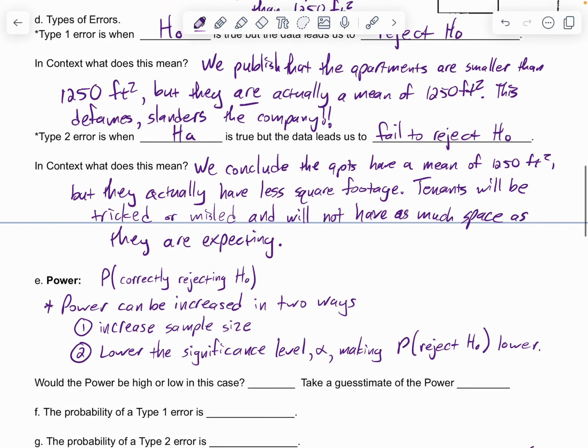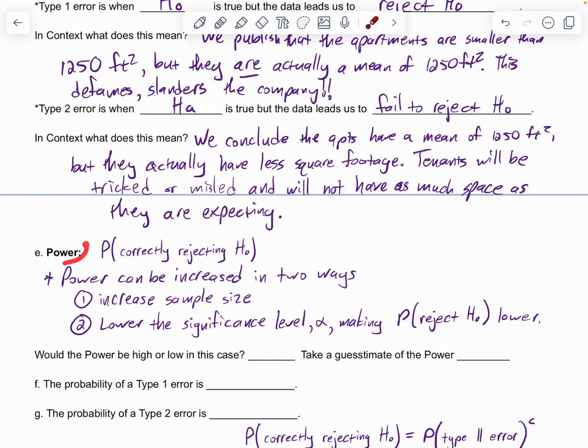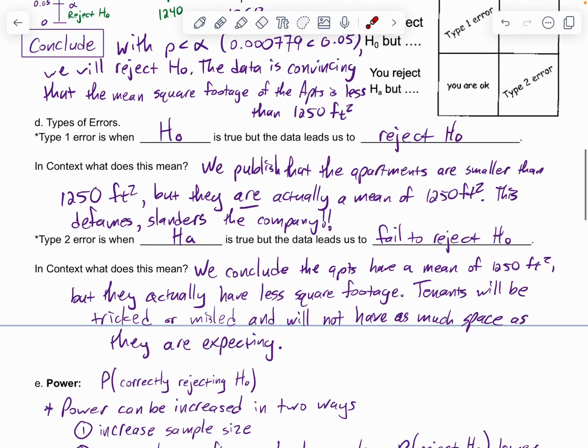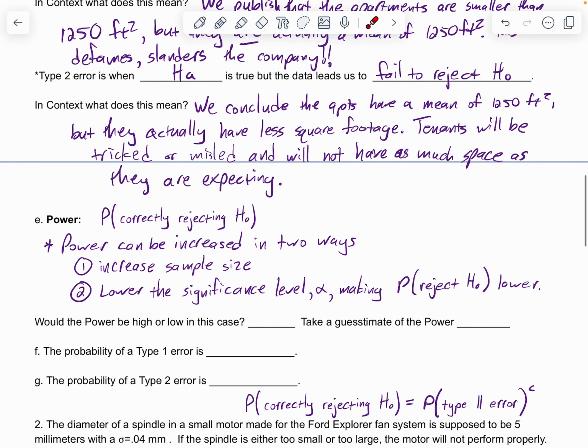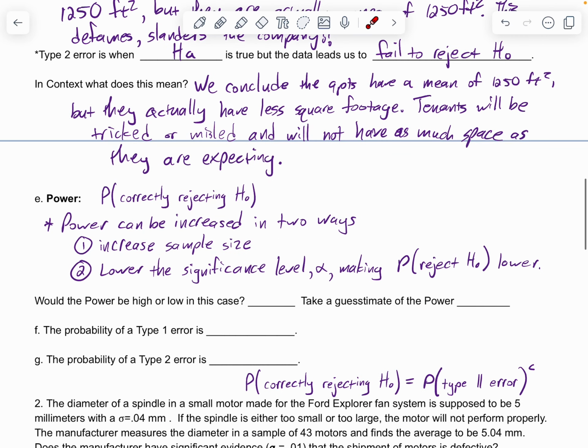Couple new thoughts here. The power of a test is the probability of correctly rejecting the null hypothesis. This is not something your calculator can tell you. Okay, it's much more conceptual.